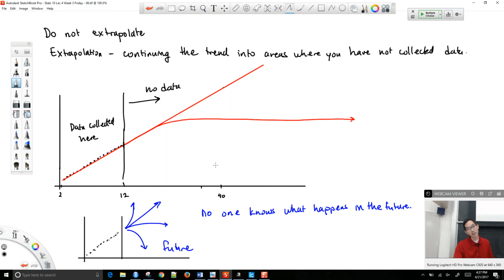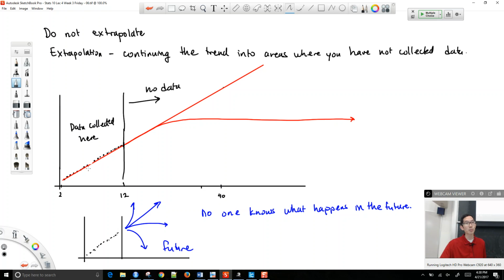What you are allowed to do, so you might say, well, why did we even bother with linear regression if I can't tell the future? Well, what linear regression is good for is areas where you have collected data. You can interpolate. Let's say this person missed a month in measuring their child's height. Well, we can use linear regression to get a missing value.